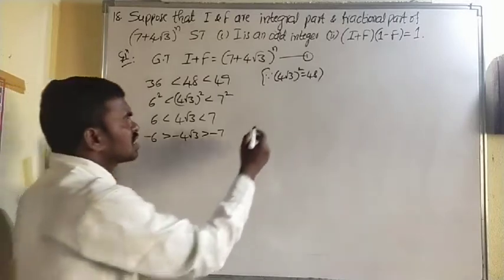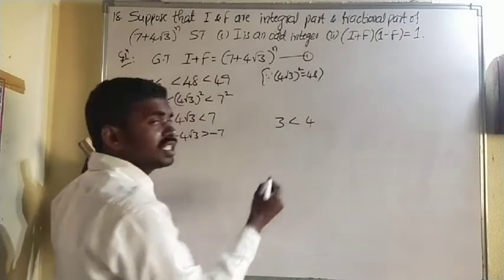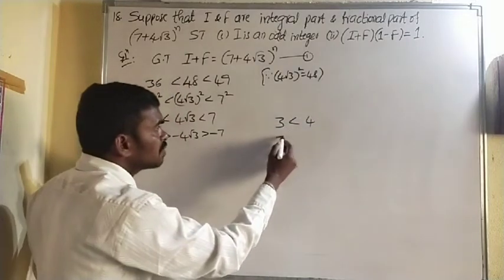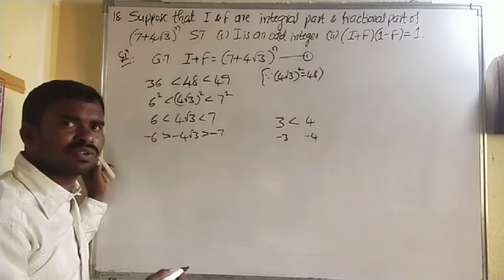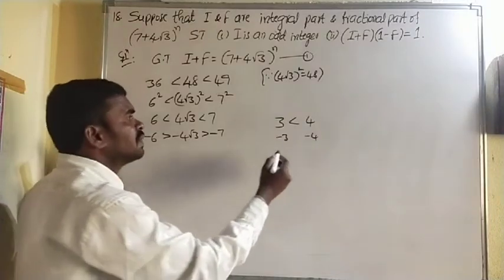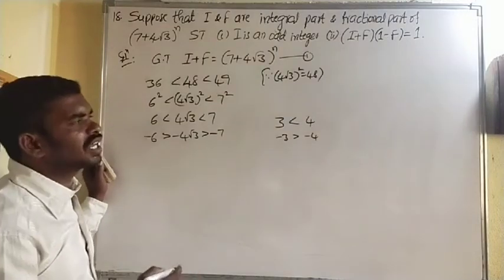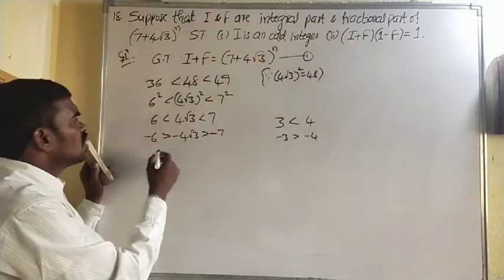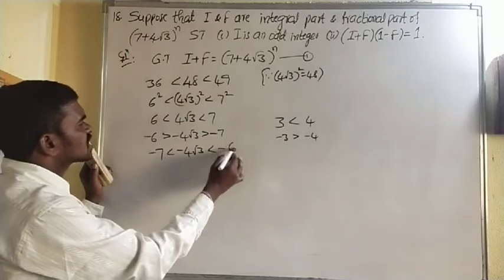For example, suppose 3 is less than 4. If you multiply with minus, it becomes minus 3 and minus 4. But which is bigger, minus 3 or minus 4? Yes, very good. Minus 3 is bigger. So minus 3 is greater than minus 4. That's why if you multiply with a negative, the symbol changes. So I am writing in order: minus 7 less than minus 4 root 3 less than minus 6.